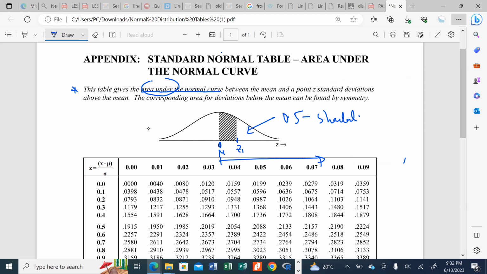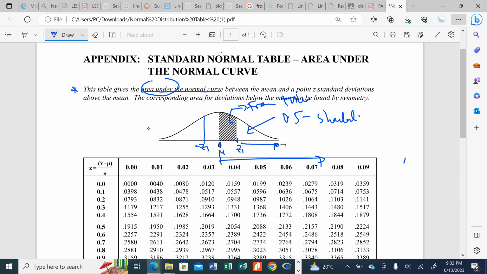If you want the area from Z1 going up, this one you get directly from tables. This one you get from tables directly. So if you want to get corresponding areas below the mean, for example, if you have a point here, this would be minus Z1, for example.